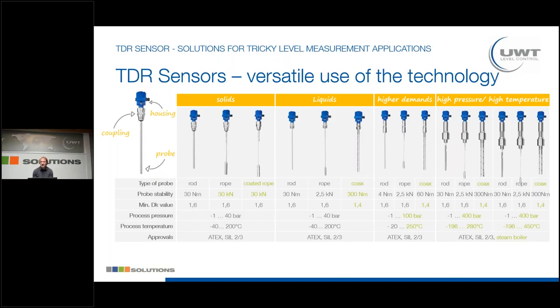You can see this big range, from minus 196 to 450 degrees Celsius. So yeah, very robust sensors. All come with ATEX approvals and also with seal. And the high pressure versions are also certified for use in steam boilers.